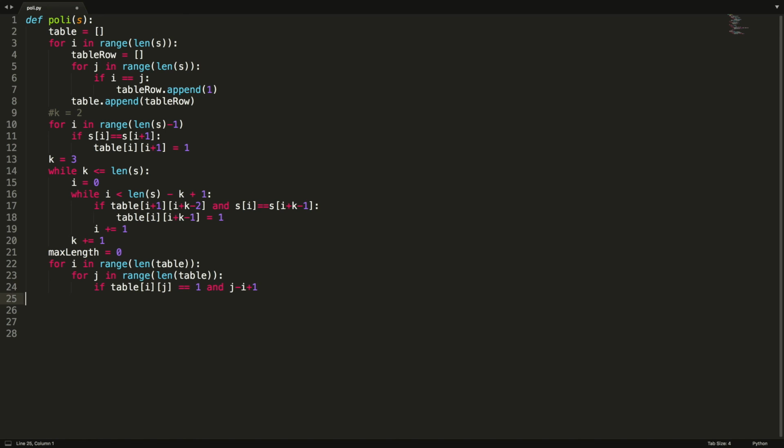If it's bigger than max length, we still need the initial result here.